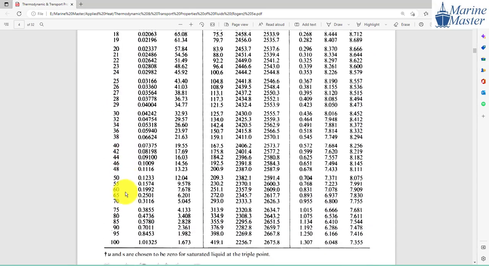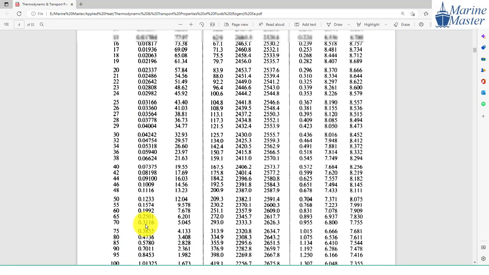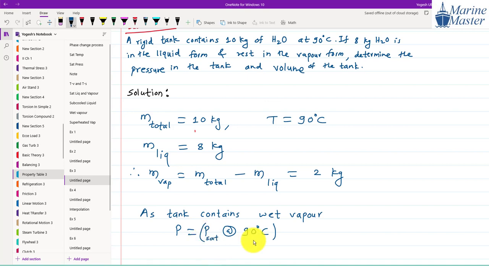For temperature 90 degrees Celsius, we find the corresponding Psat. So pressure is equal to saturation pressure at 90 degrees Celsius, because we have wet vapor.